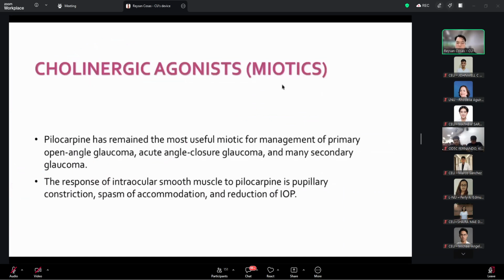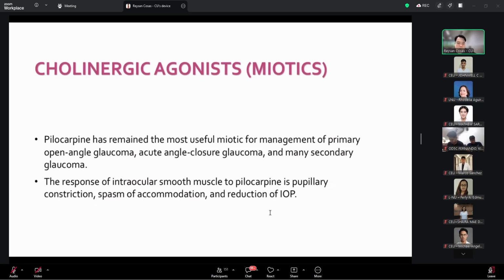So, what about pilocarpine? Pilocarpine is extremely effective in opening the trabecular meshwork around the Schlemm's canal. That's why it could provide an immediate drop in intraocular pressure as a result of increased drainage of the aqueous humor.